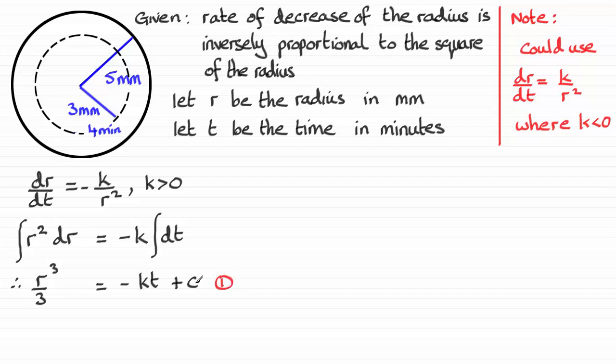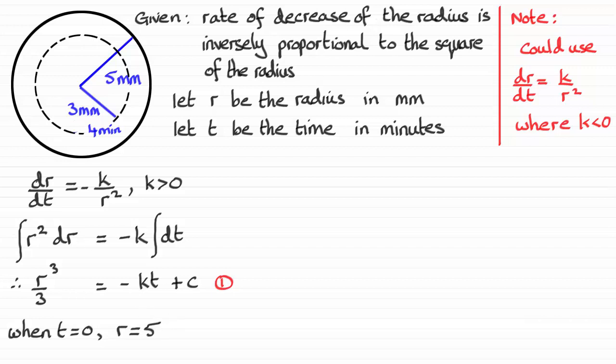Because what I've got to do next is work out what this constant is. And I can easily do that by looking at this initial condition. I know that at the start, the radius was 5 millimeters. So in other words, when t is equal to 0, r is equal to 5.